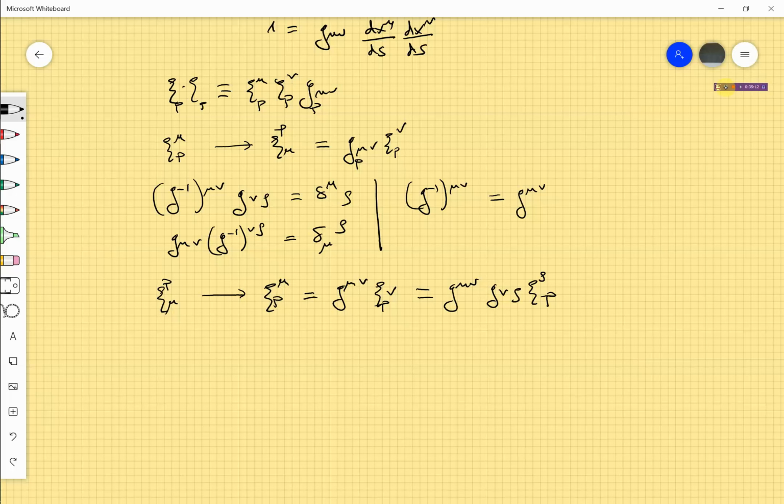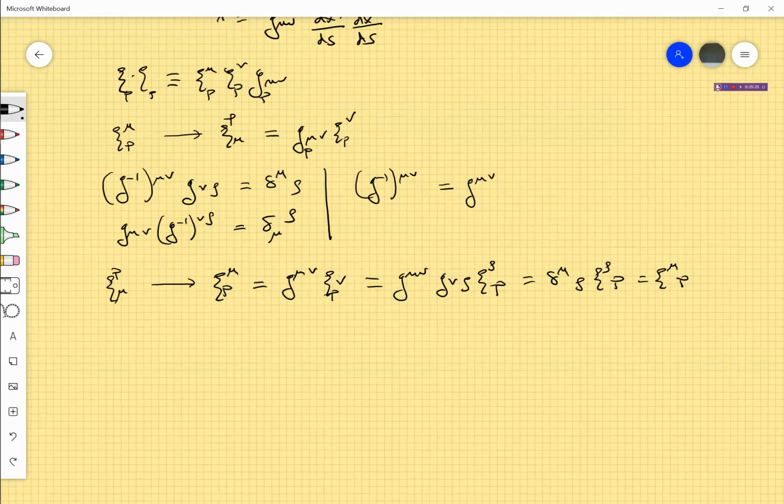And this is delta^mu rho psi_rho at P, and this is just psi^mu at P. So things match perfectly well.